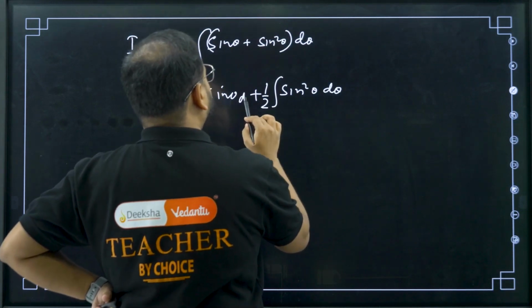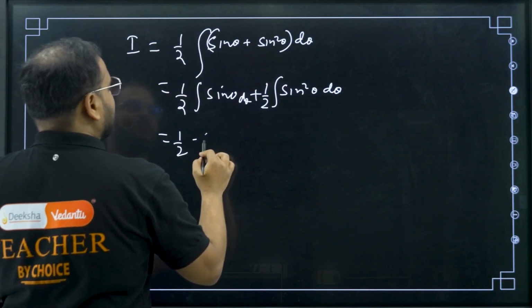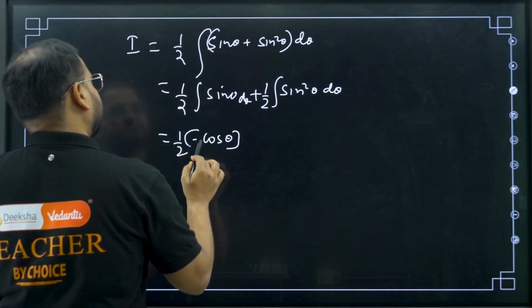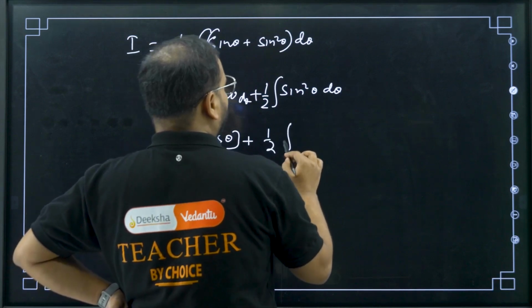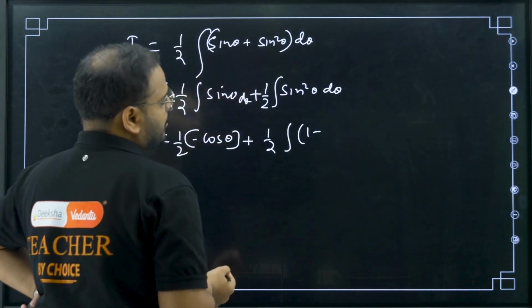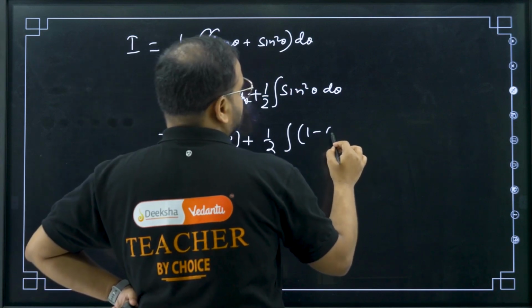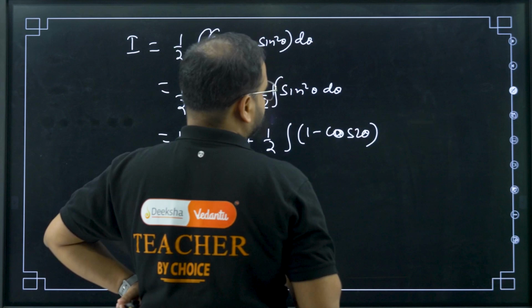I get 1 by 2, how much is this? Minus cos theta. Plus 1 by 2 integration of 1 minus cos 2 theta, yes or no? Please have a look.